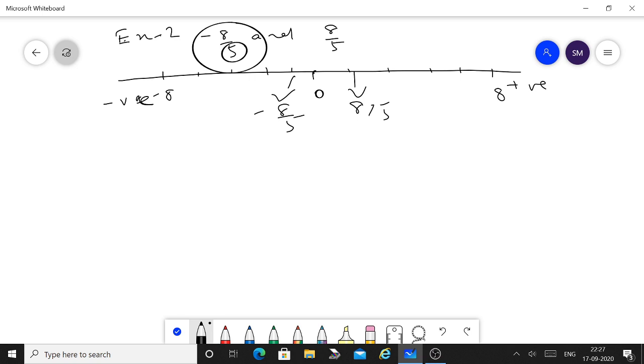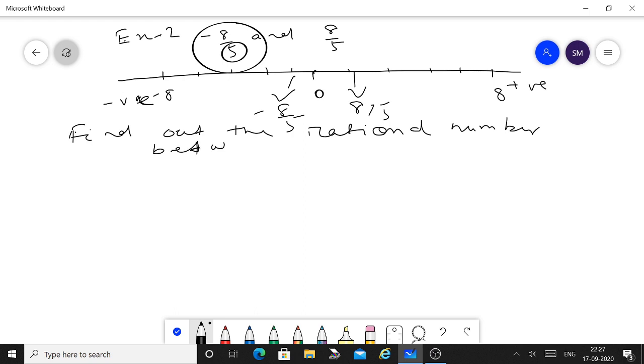Understand? Then find the rational number between two rational numbers.